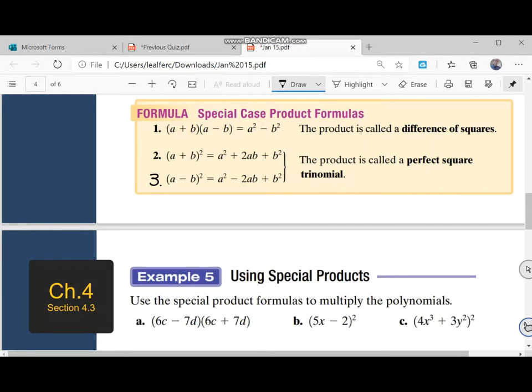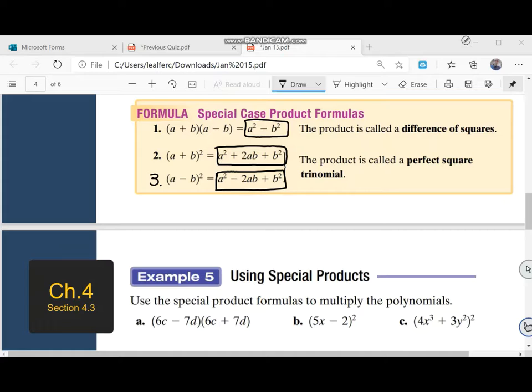If we have a plus b times a minus b, then you can apply straight away this formula here, a squared minus b squared. This is the solution. If you have the second situation, a plus b in parentheses, the whole thing squared, then you can apply straight away this formula here. And if you have a minus b squared, then you can apply that formula over there.